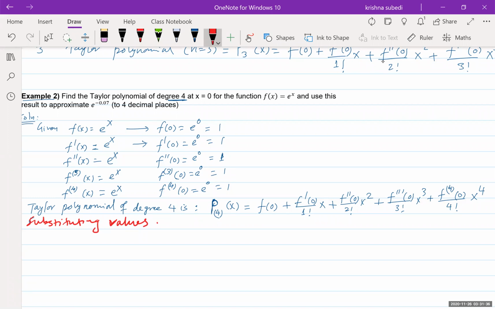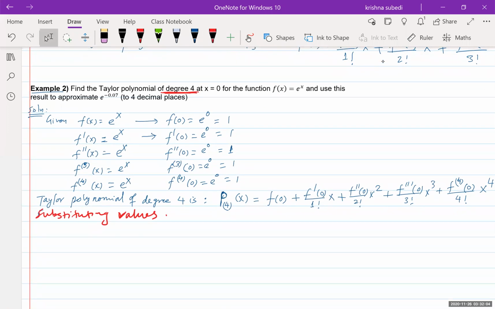Remember, in the earlier example, I did first term, second term, third term, but because you already know how to find all of those terms, I just want to find the 4th degree polynomial. It doesn't say to find each of them separately in this question. So we just want one polynomial of degree 4.